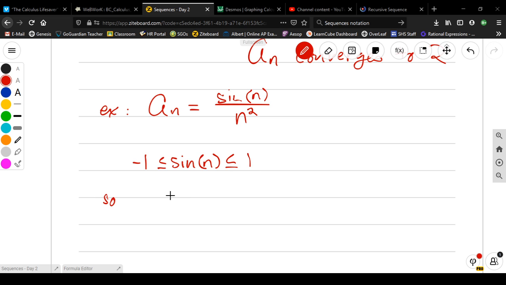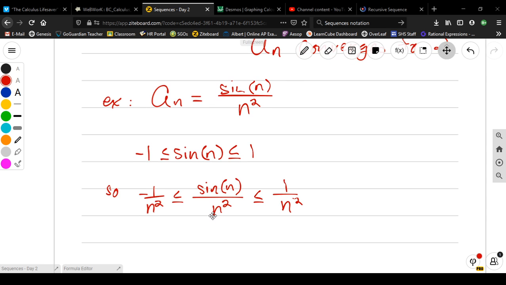Then as long as n is a positive number, which it is, since we're only plugging in positive integers like 1, 2, and 3, and so on, we can divide by n squared and show that sine of n over n squared has got to be in between negative 1 over n squared and 1 over n squared.